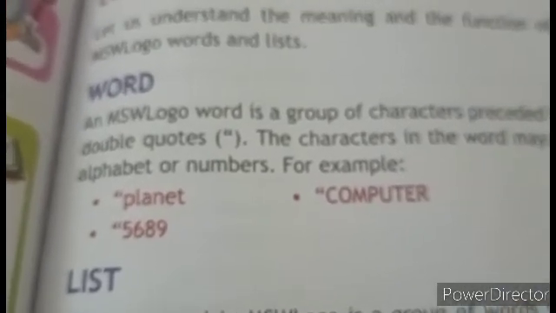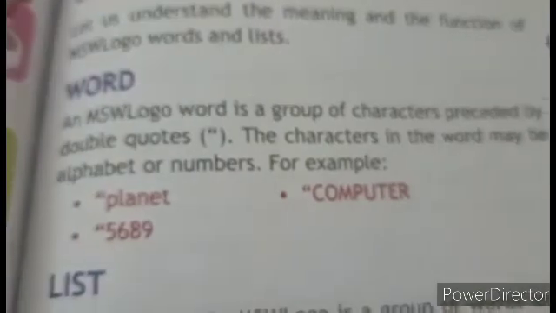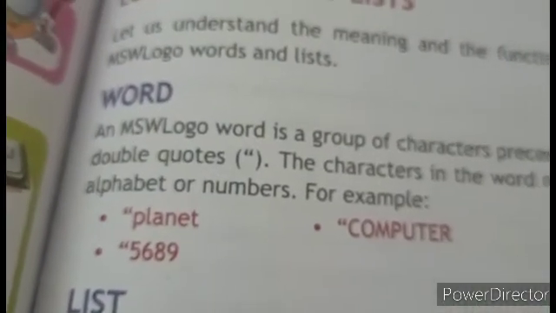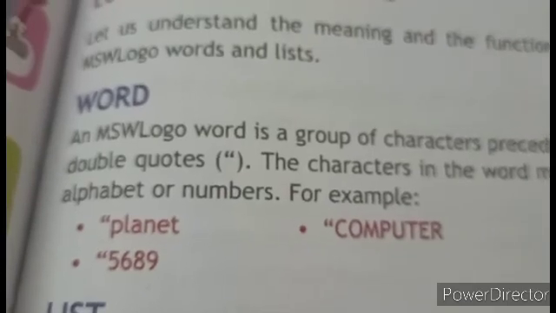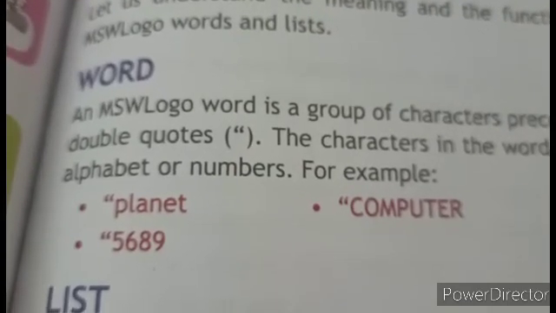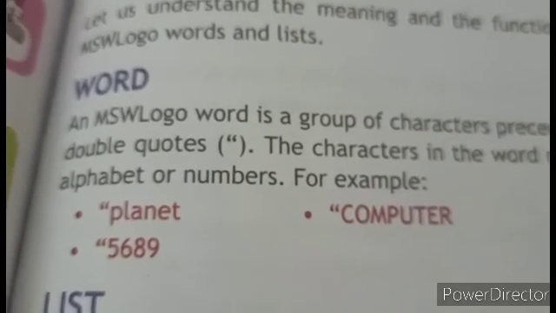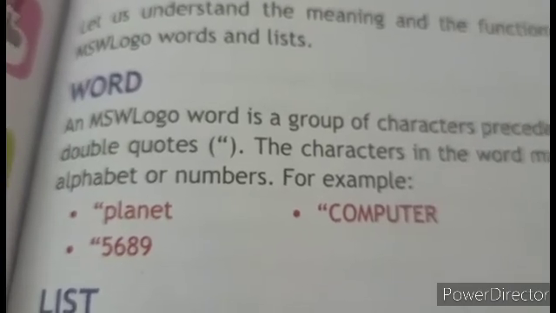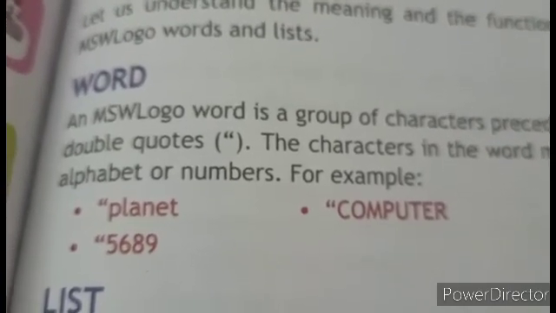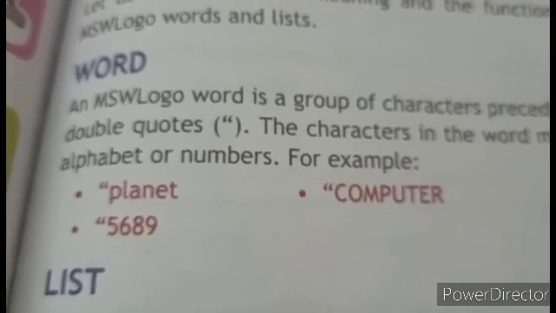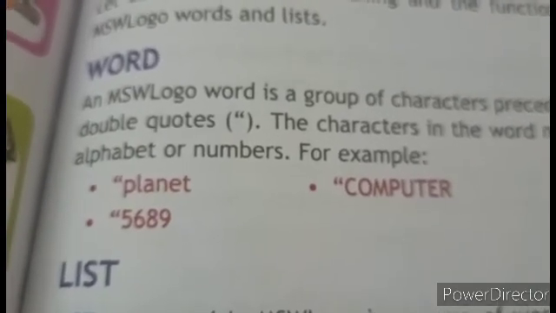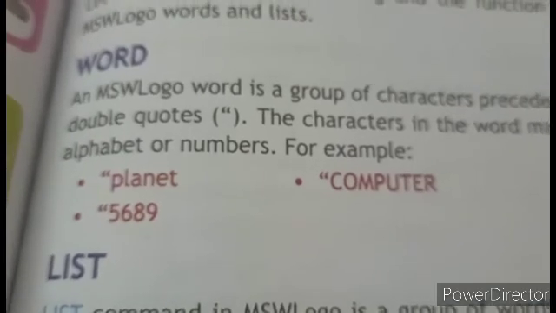First, we will display a word or a group of numbers by using the PR command. Then only a single-sided double quote is needed. Then by pressing the enter key, we will print a list of letters or numbers.